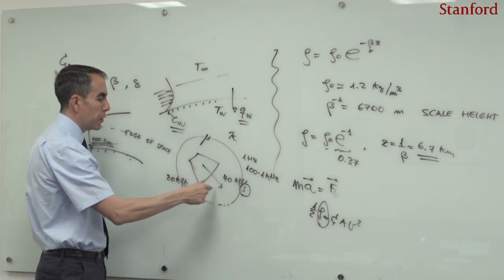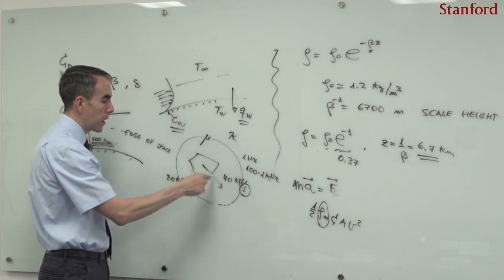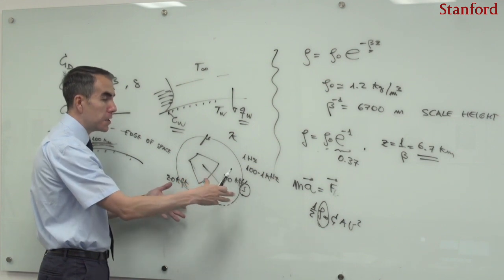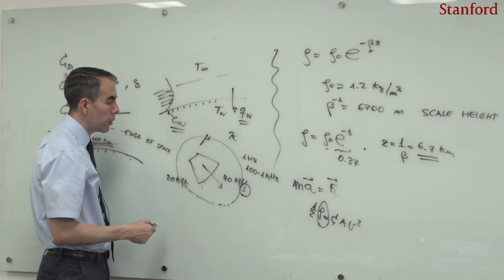So in order to address those high frequency peaks, you will be calculating the motion of this spacecraft, but then the density field around it will be changing at frequencies of about 100 hertz to 1 kilohertz.